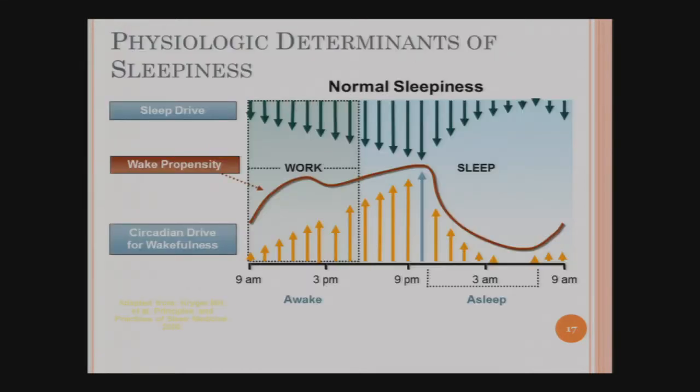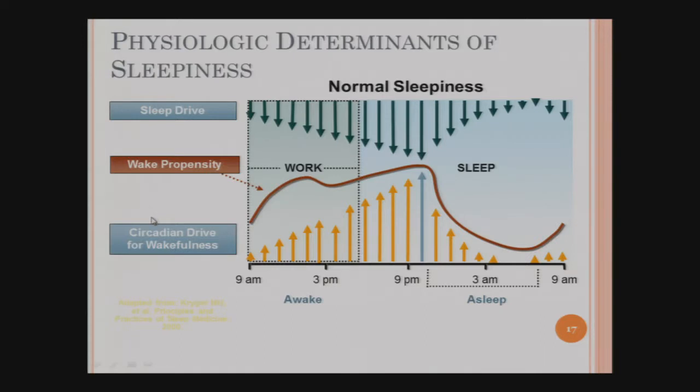Okay, so physiologic determinants of sleepiness. This is a normal chart of the components that cause someone to be sleepy. So you have a sleep drive, that's the top arrows right here in green, and this increases throughout the day as you're working.